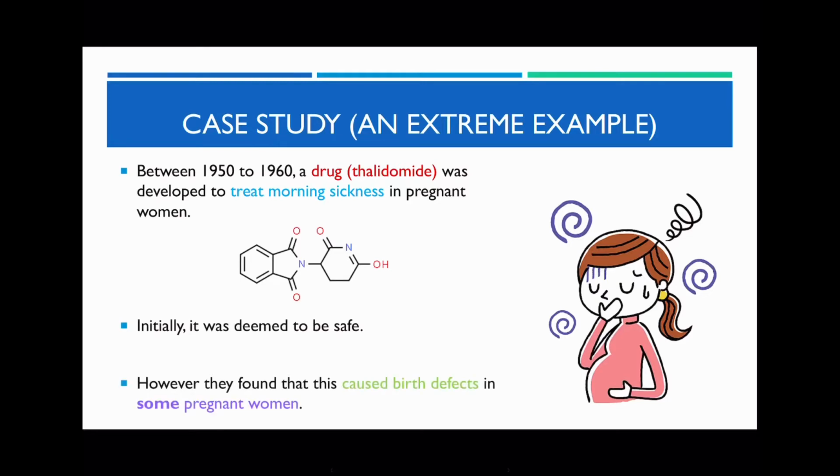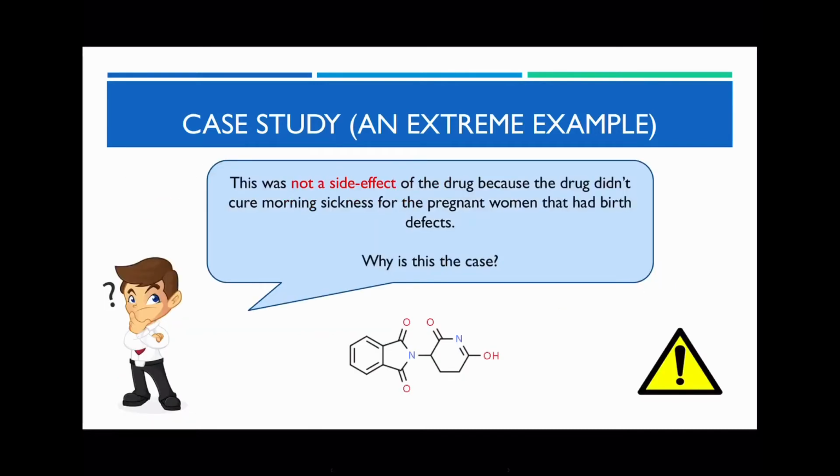However, they found that this also caused birth defects in some pregnant women, and the key words here are "in some". I want to state that this is not a side effect at all, because a side effect is where the drug cures the main thing it's supposed to do, but also causes other unnecessary or secondary effects as well.